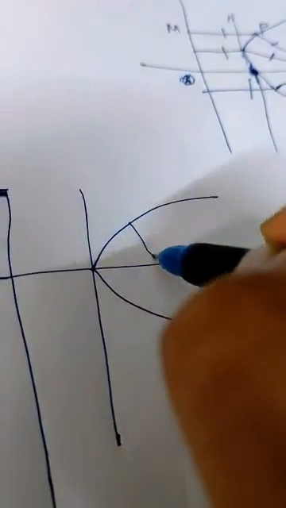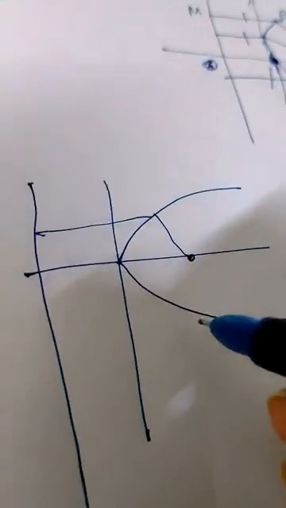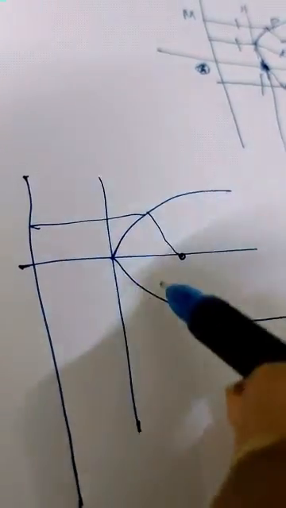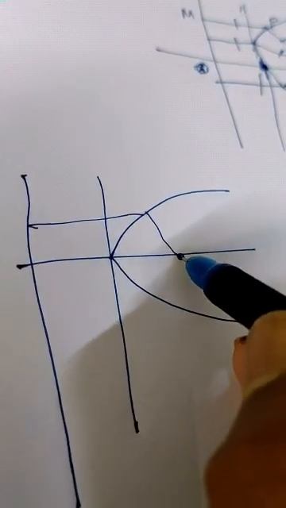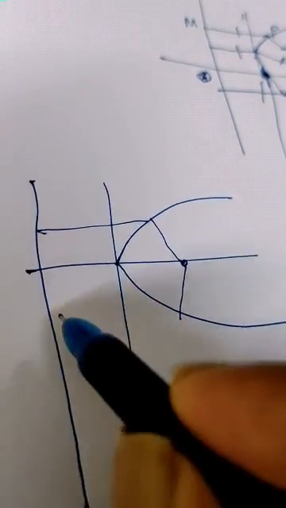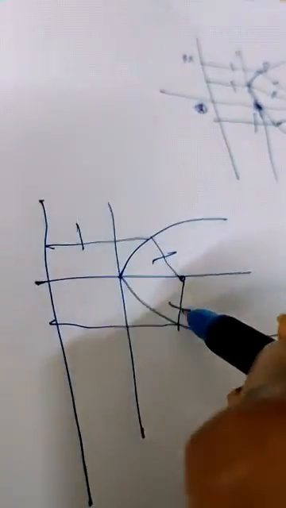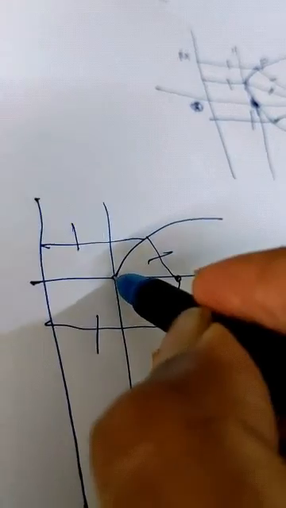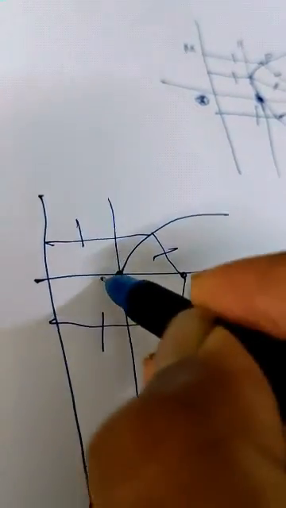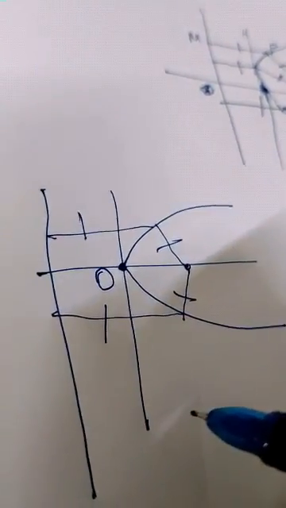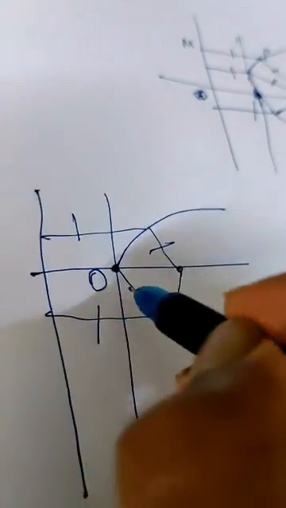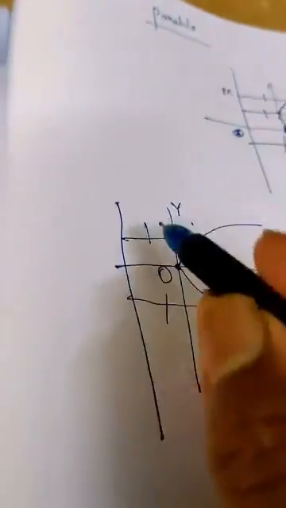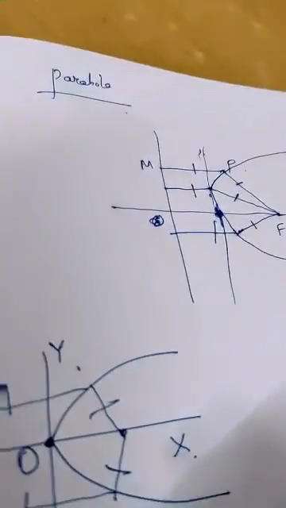Now you see this distance, say this distance is the same. This is a rough diagram, it may not look the same, but these two distances must be equal. Now this point, when this is the axis, we will call the origin. This is the x-axis, and this is the y-axis. This one is the fixed line.